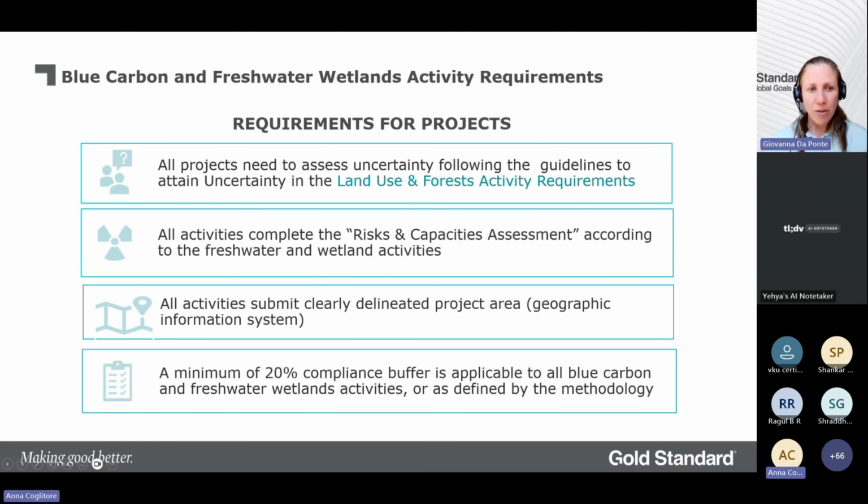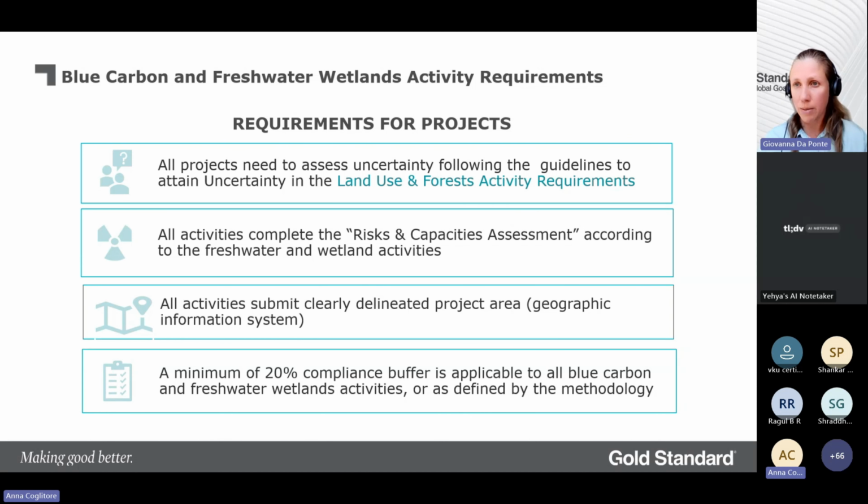Moving forward to the project requirements. Every project needs to follow these key requirements, which you need to keep in mind. They need to assess the uncertainty, following the guidelines on uncertainty, I mean the Annex A in our land use and forest activity requirements.